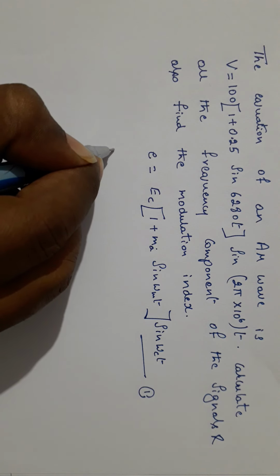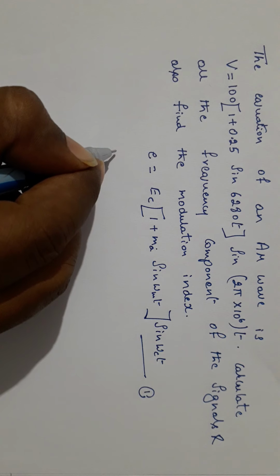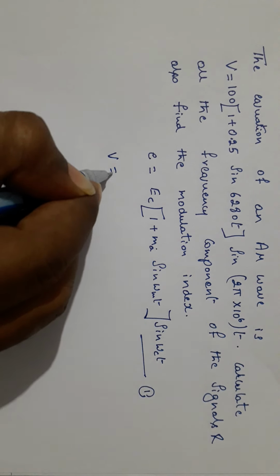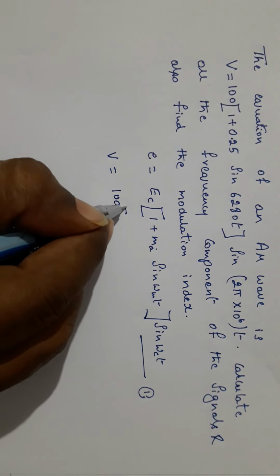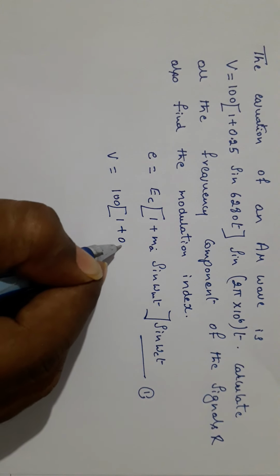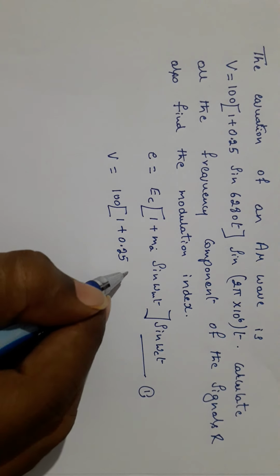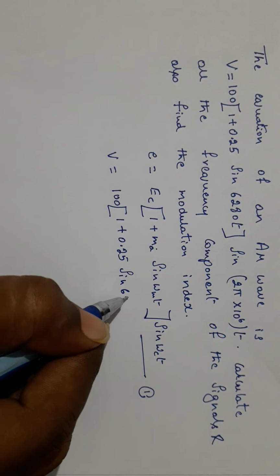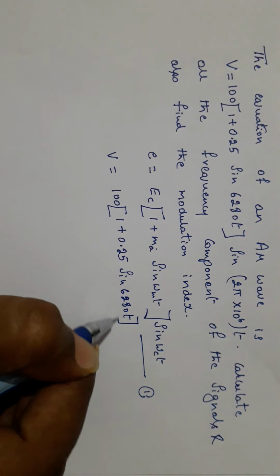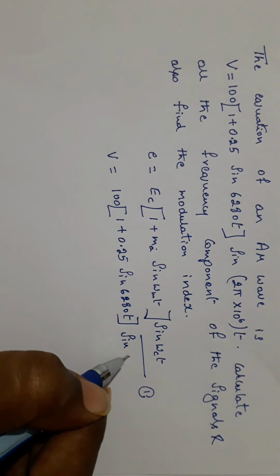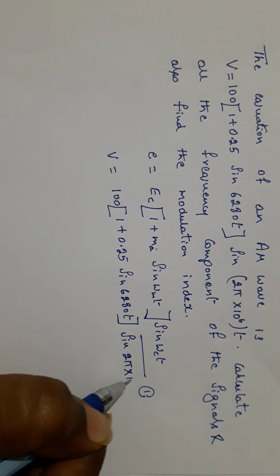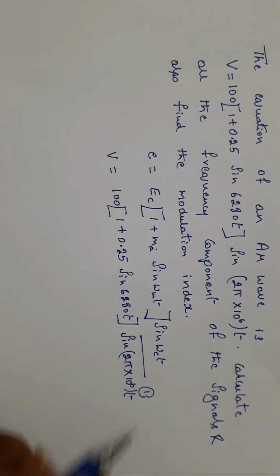The given equation is V equals 100 into 1 plus 0.25 sine 6280t into sine 2 pi into 10 raised to 6 into t.